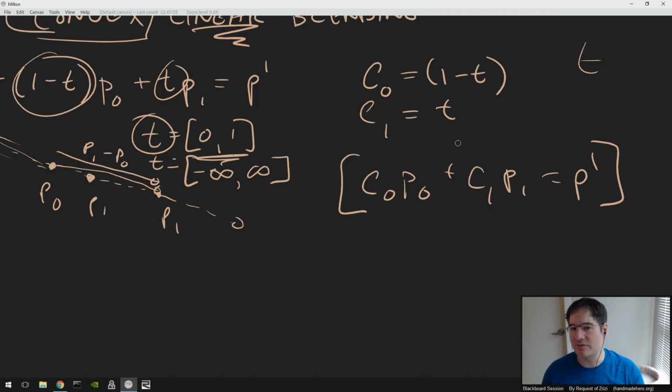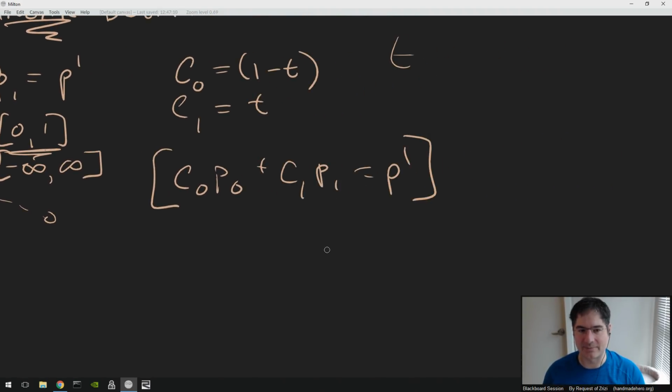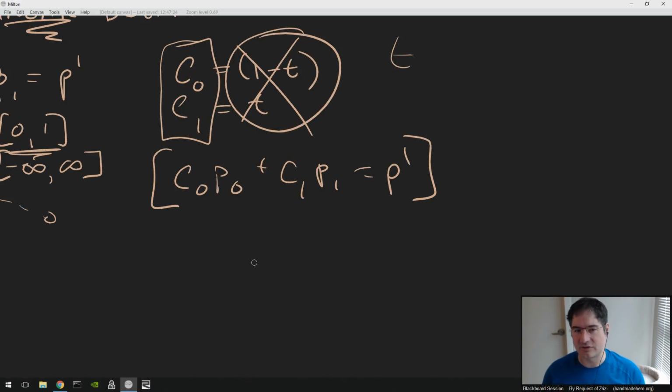Now, why would I want to do that? Well, hopefully you can see the obvious step coming next. What if I just said, well, forget this. Let's just talk about arbitrary numbers I can multiply by P0 and P1 to equal P prime. Suppose I didn't know about 1 minus t and t in the first place, right?